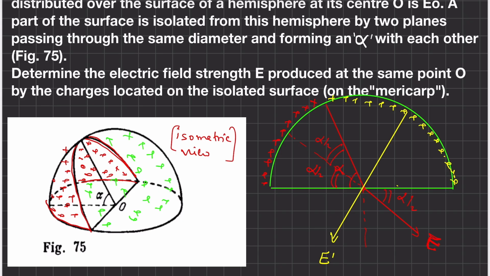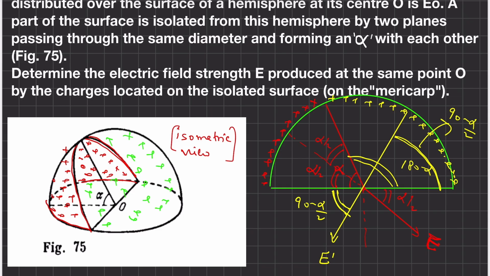Because this whole angle is 180 minus alpha, this angle will be 90 minus alpha by 2, half of that angle bisector. This angle will also be 90 minus alpha by 2, because these are opposite angles. These two angles will be the same.